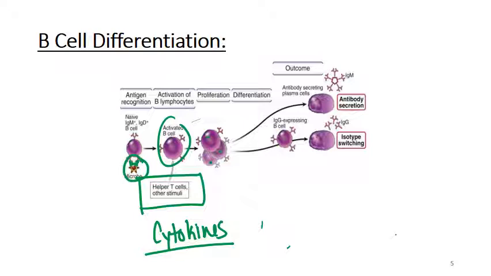If the T cell was present to give a differentiating signal, it will class switch into a plasma cell capable of secreting antibodies other than IgM. So IgG, IgA, and IgE. Those are pretty much your main ones. If T cells were not present and no cytokines were given, it can only ever produce IgM. We'll talk about this in a lot greater detail, but that's kind of the plan for our B cell now that it's graduated.